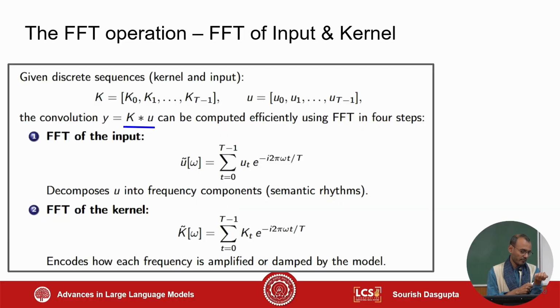And if I have to move into how this happens, which is basically the FFT operation, then if this is the convolution, the one in blue, you just say that your Fourier for a particular component omega, across all the time steps, would be u t times e raised to minus i 2 pi omega t by T. Basically every time step can be thought of like the time period across, right?